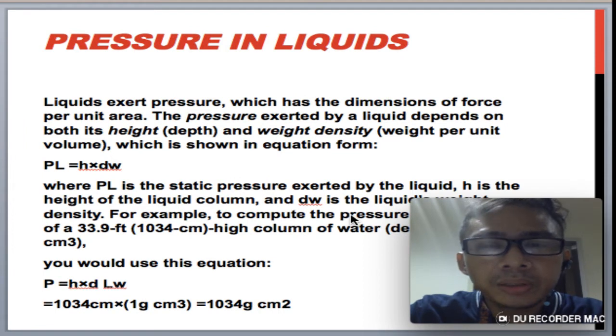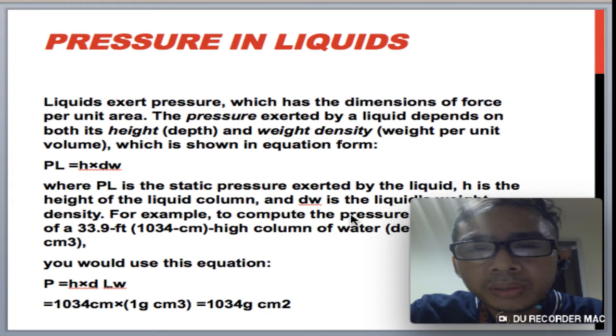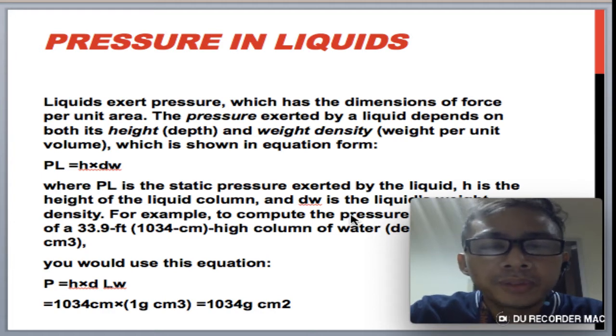So pressure in liquids. Liquids exert pressure, which has the dimensions of force per unit area. Force per unit area again. The pressure exerted by a liquid depends on both its height, or depth, and its weight density, or weight per unit volume, which is shown in equation form.